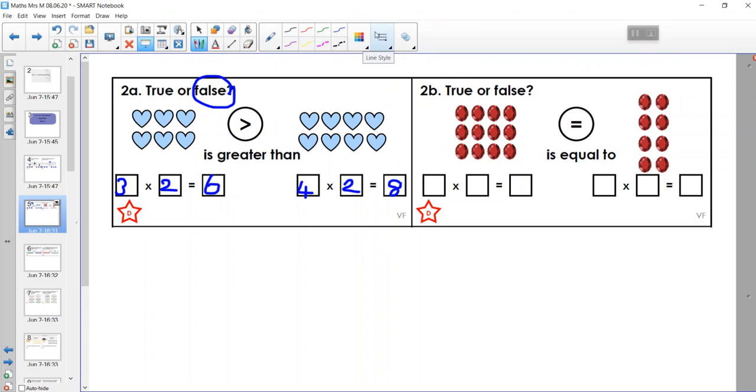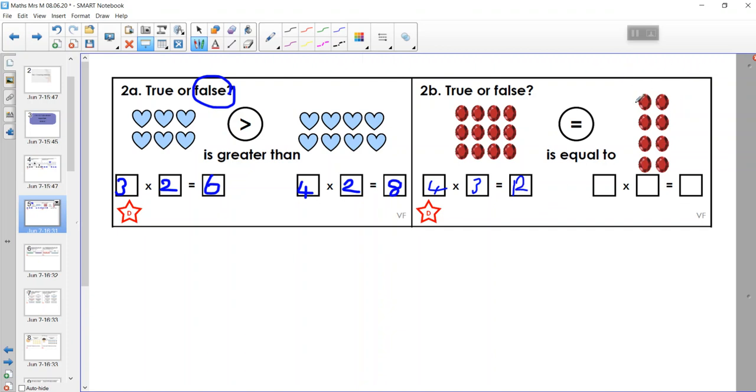Okay, so let's see how you got on with this one. I've got 4 rubies, and I've got groups of 4 3 times. 4 times 3 is 12.